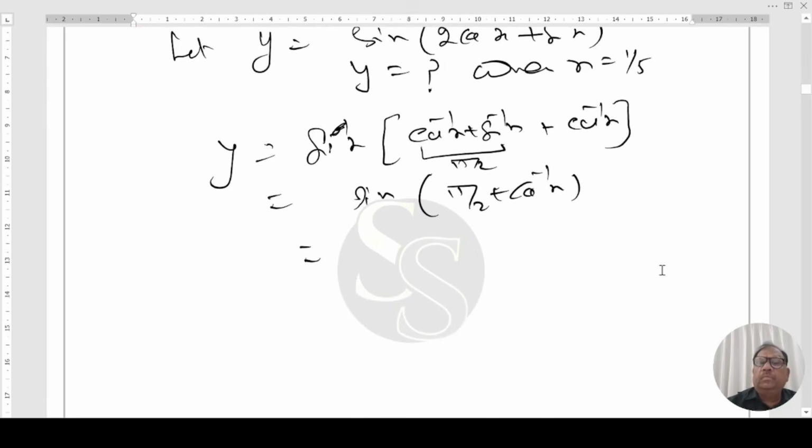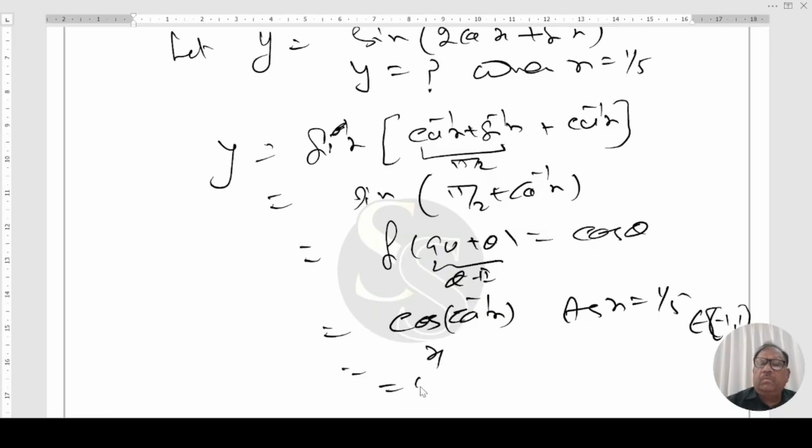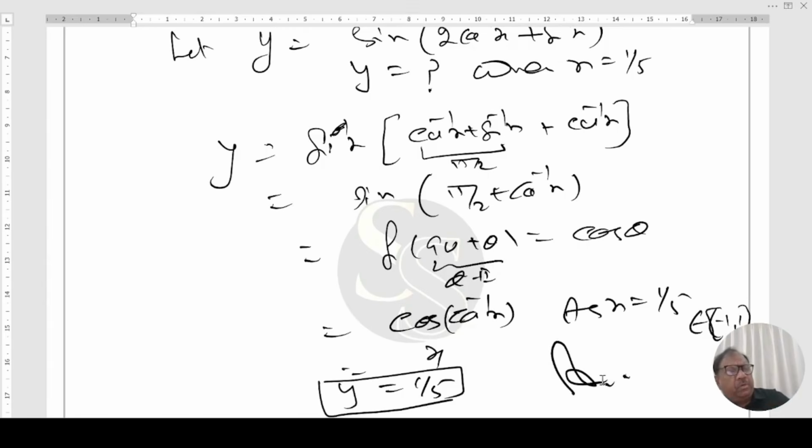As you know, sin of 90 plus theta is cos theta, second quadrant. So this comes out to be cos inverse x, as x equal to 1 by 5, which belongs to minus 1, 1. Therefore, it is 1 by 5. This is the answer. Alright, next question.